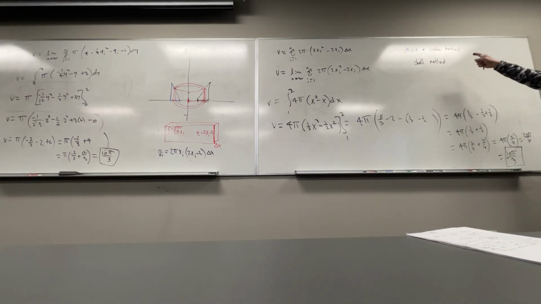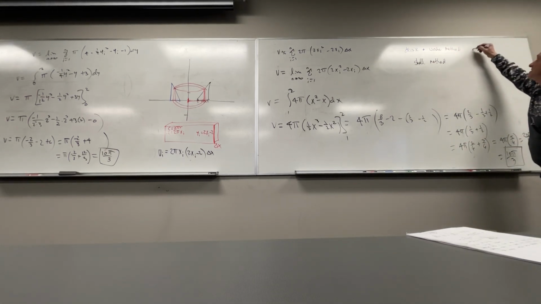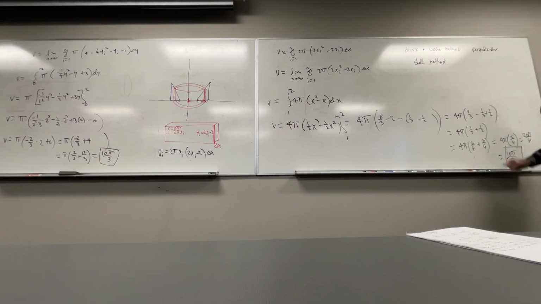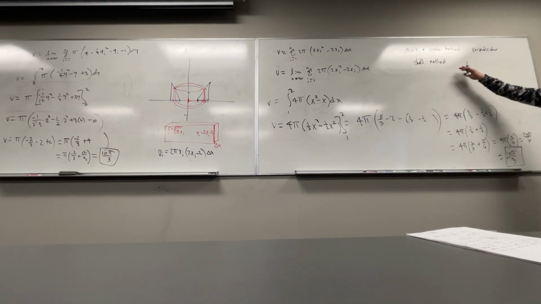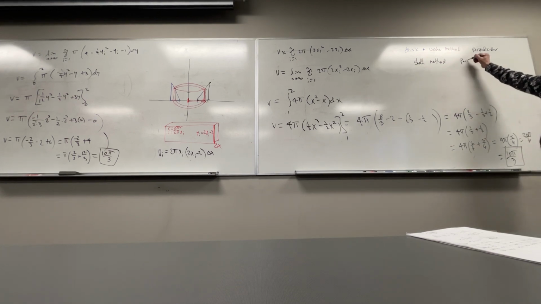With the disc and washer method, we drew our representative rectangles perpendicular to the axis of rotation. With the shell method, we drew our representative rectangles parallel to the axis of rotation.